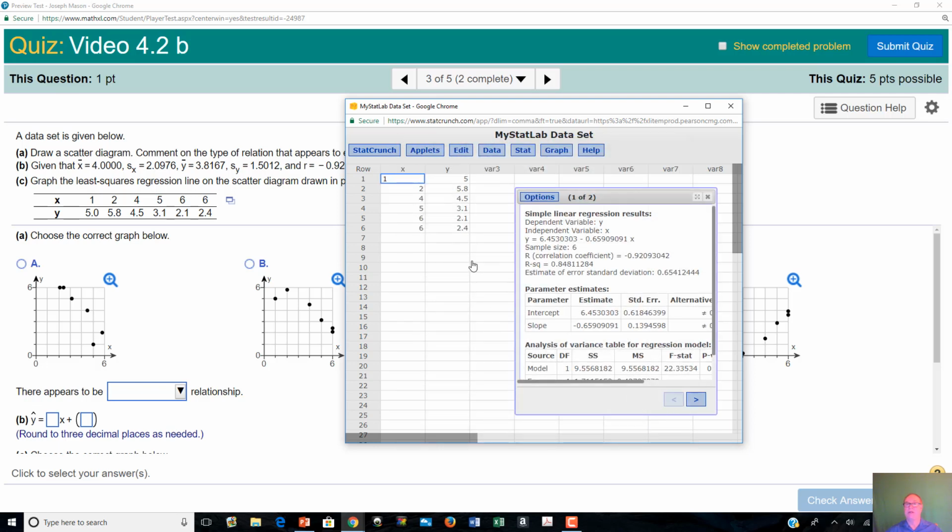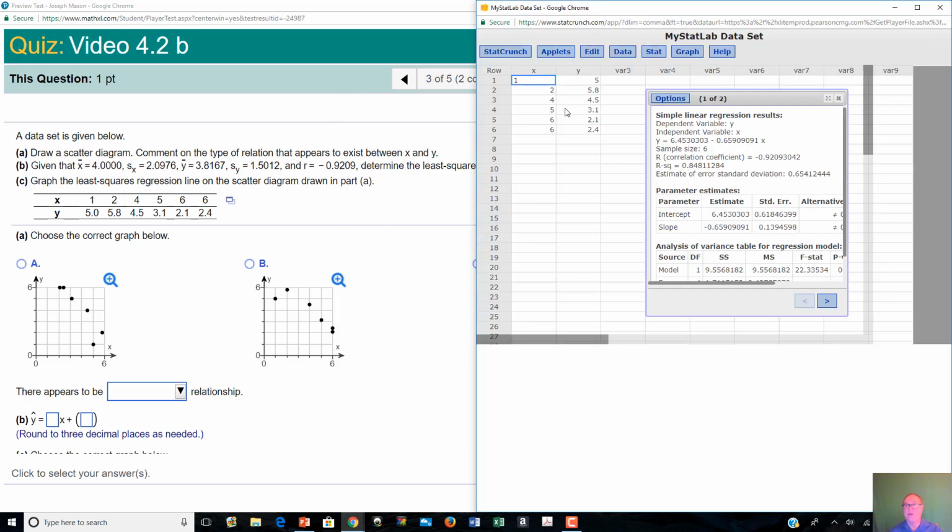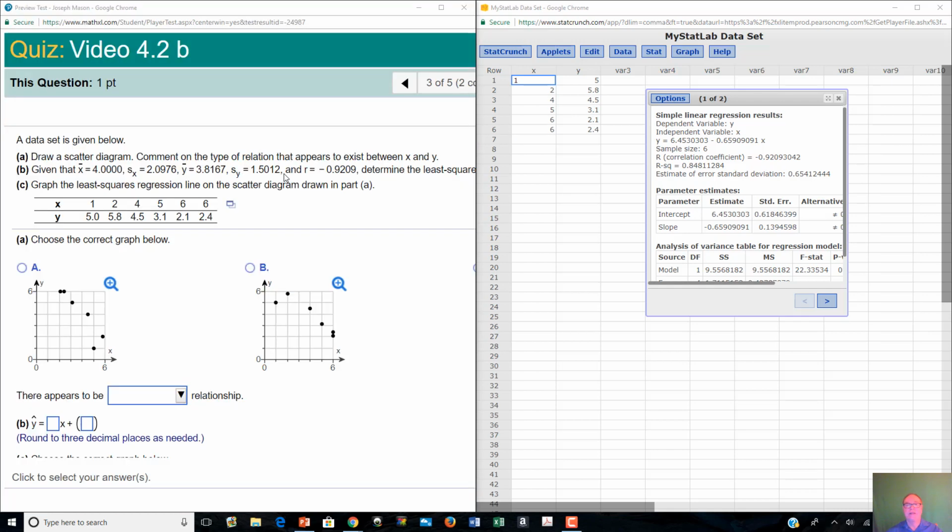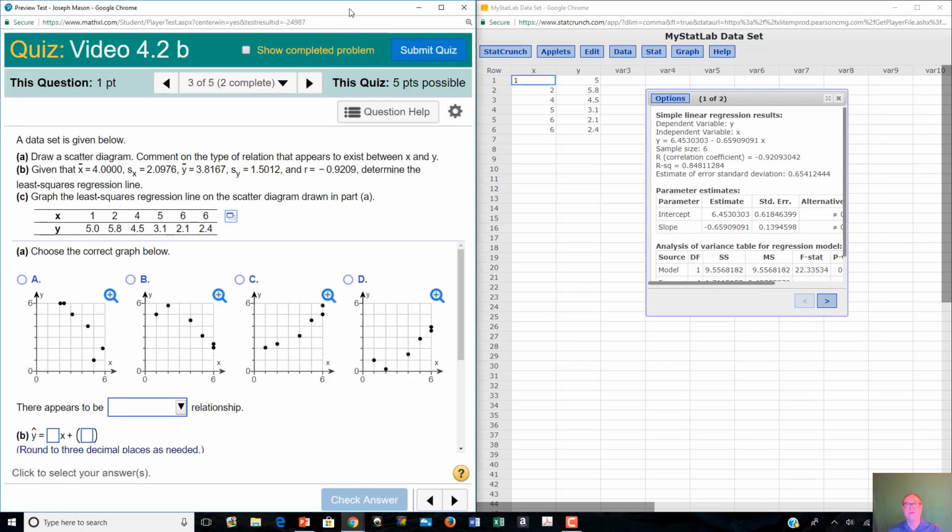I get this picture. All right, let me go here and get this to the right side of the screen, window right, and let me click on this and put this to the left side.